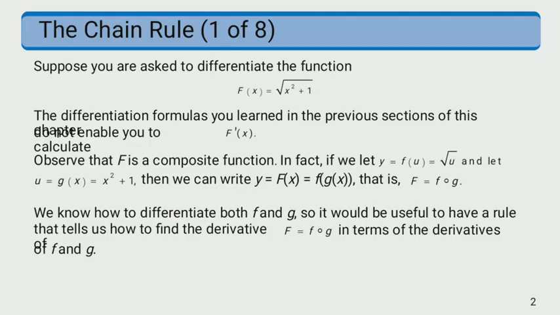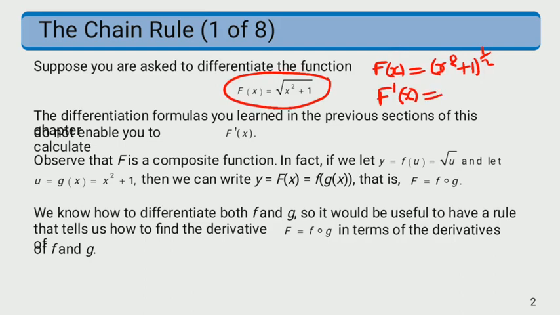So what is a chain rule? Suppose you are asked to differentiate this function. The first temptation is to start writing f of x in the form of x squared plus 1, raised to the power half, and then trying to get the derivative directly.